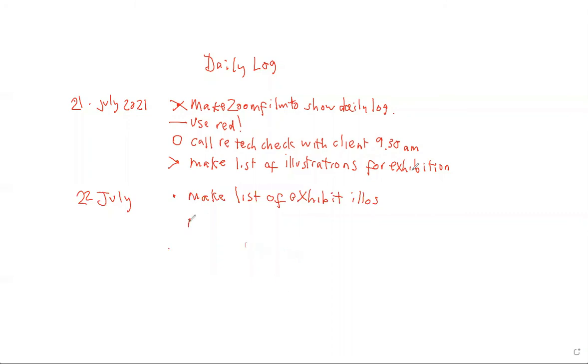Assume that I will put it here as well. Make list, etc. I did it, I moved it forward. So 3 times I've moved it forward. I think by now, at the end of that day, if I still haven't done it, I might be thinking, I don't really want to do that. In which case I do cross it out. It means it's not a thing anymore. I'm not going to do that thing.